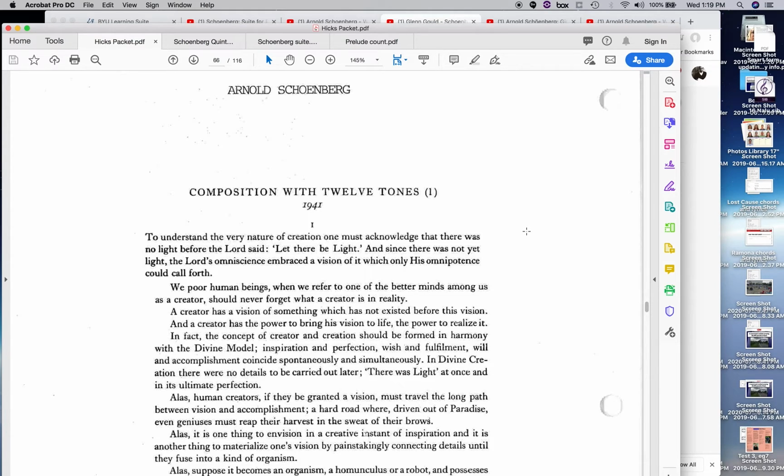But the first teacher of composition, this was in the late 40s, was Olivier Messiaen, who we've looked at already, and his students included Karlheinz Stockhausen and Pierre Boulez especially, but lots of others, Xenakis, Luigi Nono, Ligeti.